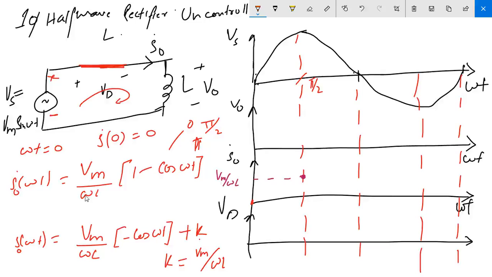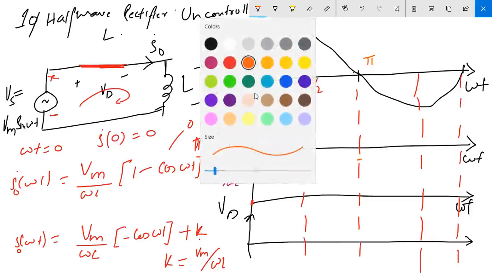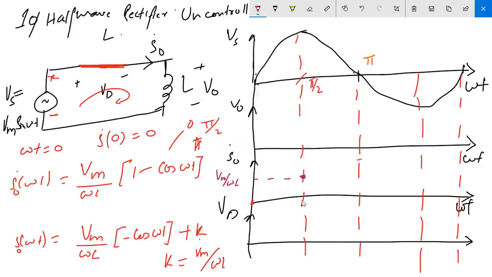Next you put the value pi. This is my pi point. Cos pi is minus 1, so you will get 2 Vm by omega L. Just put the value and check it. You will get these values. You don't have to do much.